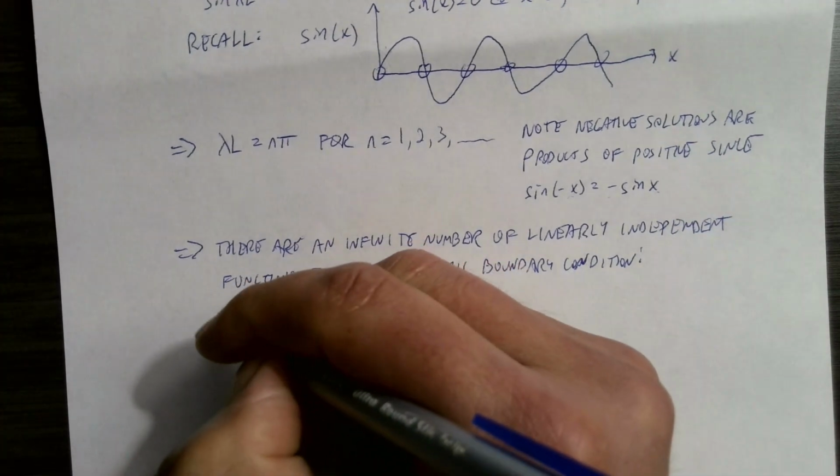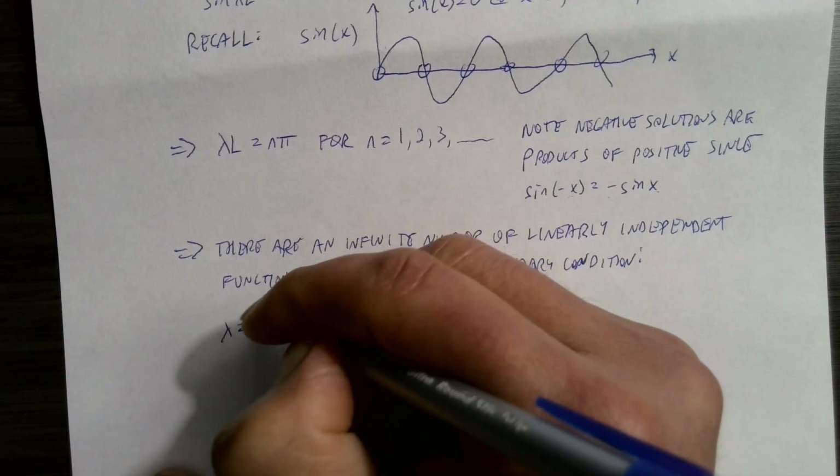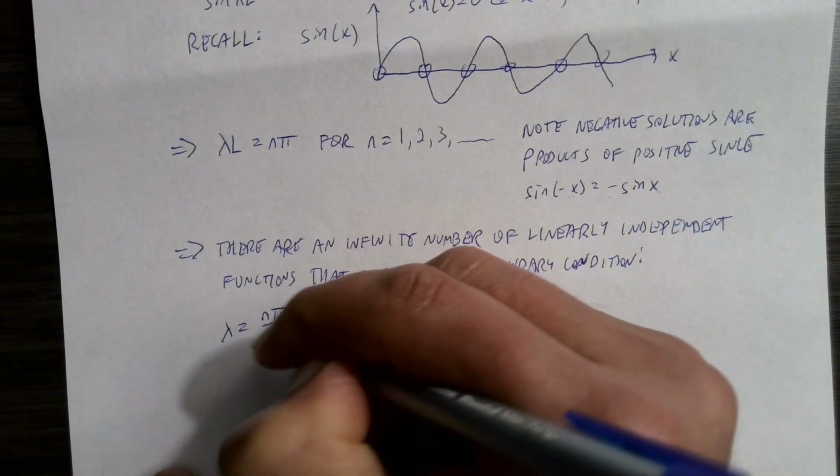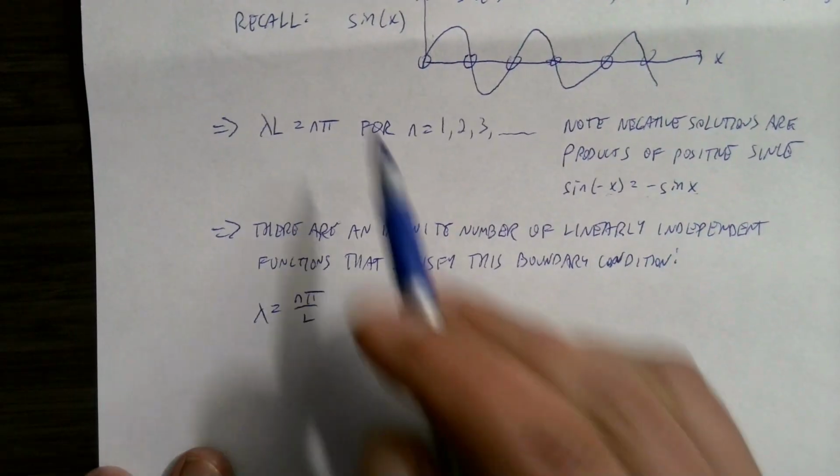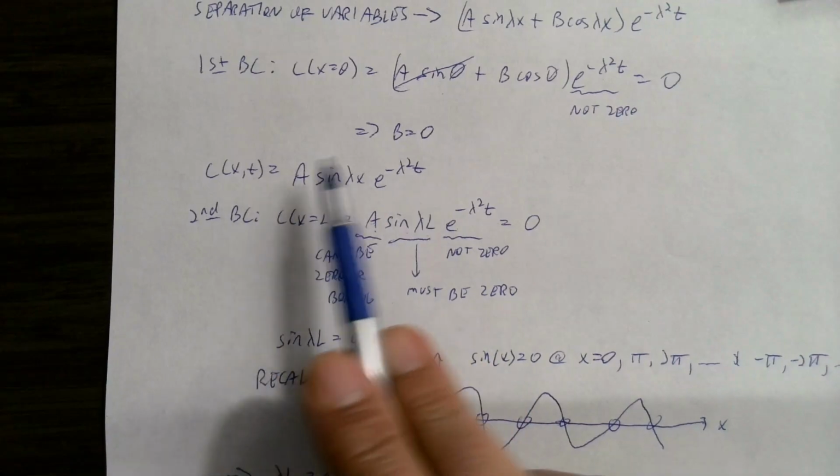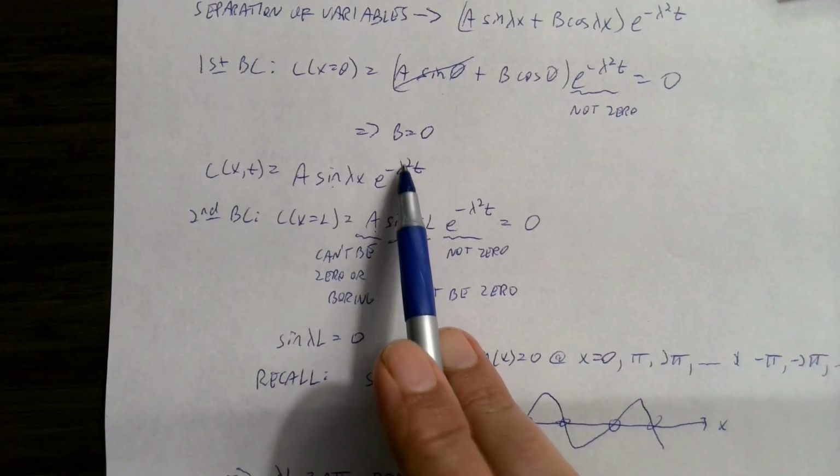So we can say that lambda equals n pi over L. And remember that this lambda is this constant in here in our equation like this, and it's also up here in the exponent.